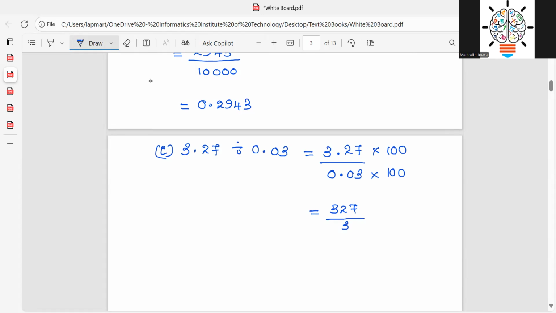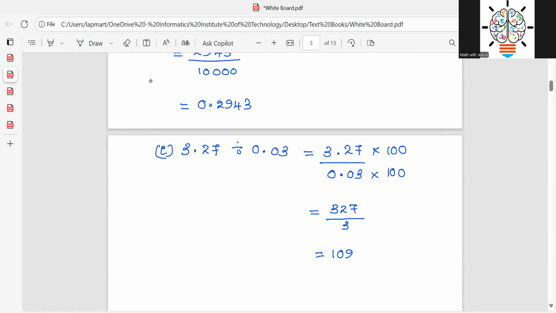So then when you divide 327 by 3, it gives me the answer 109, right? So then this is very simple. When you divide something like this, if you come across a decimal in the denominator, you multiply it by 10, 100 or 1000 to eliminate the decimal, looking at the number of decimal places we have. If we do something to the denominator, we want to do the same thing to the numerator. Therefore, I multiply the numerator also by 100, right?